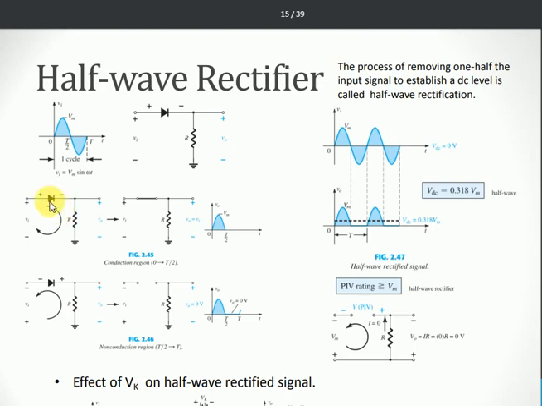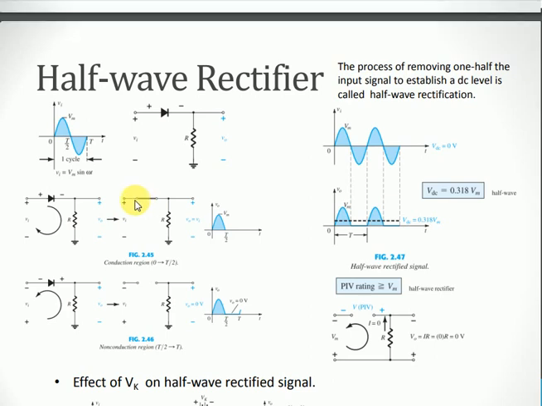So when the diode is forward biased, it acts as a short circuit as shown in figure 2.45. Here, when the positive cycle is applied, the diode becomes a short circuit and there is no voltage drop across it. Why? Because this is an ideal diode, and for an ideal diode, Vk is equal to 0.